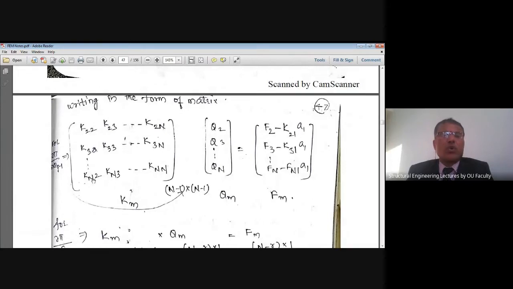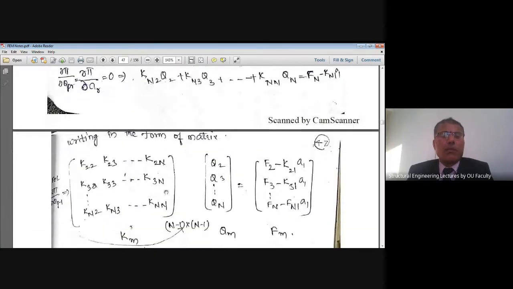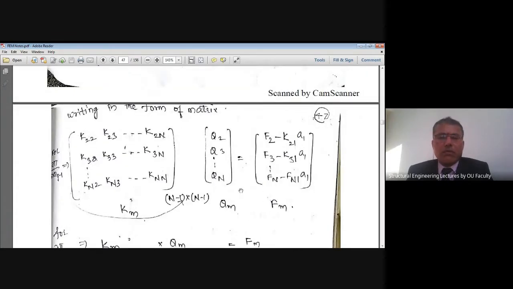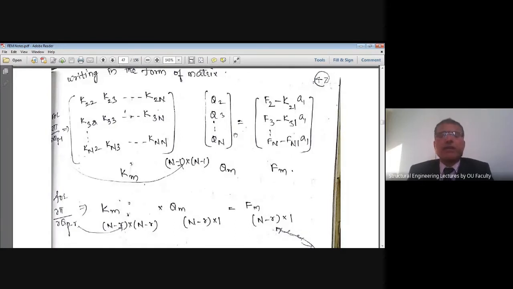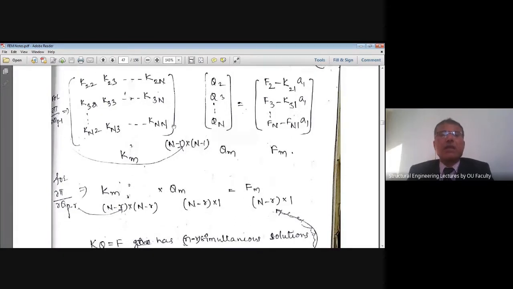Like that, the last row Kn2 upon Q2, Kn3 operated upon Q3, Knn operated upon Qn is equal to Fn minus Kn1 multiplied by A1. There is a typographical error here. It must be Kn1. This must be Kn1 multiplied by A1.